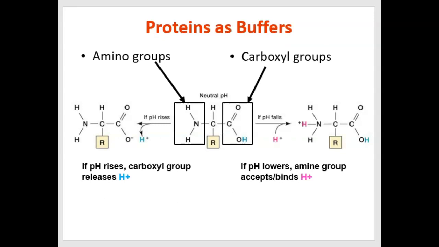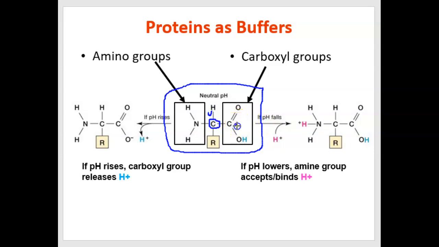So in the middle of this slide, I show a generic amino acid. Not a whole protein, but one amino acid. And remember, an amino acid has a central carbon that's bound to a hydrogen.